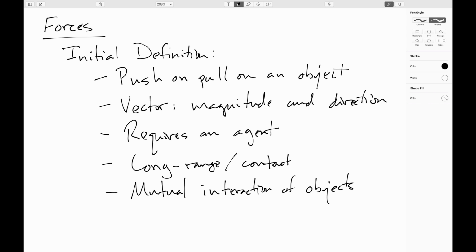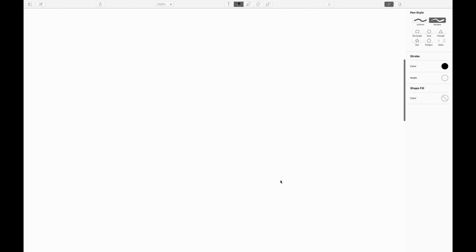Okay, so I'll hold off on contact forces for a bit. They almost all turn out to be some flavor of the electric force. But we'll start with the fundamental forces of nature and go from there.